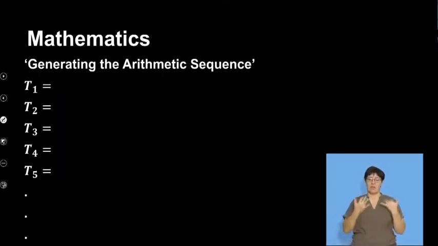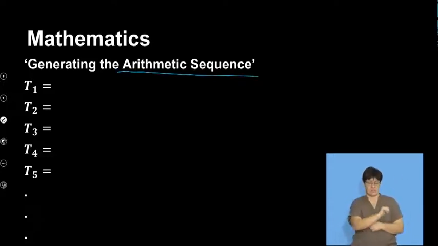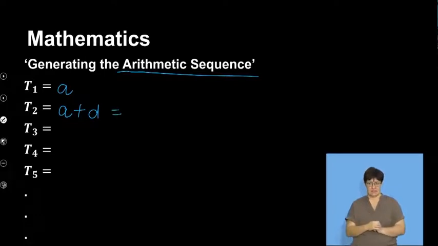So we are now going to generate an arithmetic sequence. We've already discussed that T1 is equal to A. If I'm looking at term 2, I'm sure everyone will agree with me that's going to be A plus d, because it's A plus 1 difference.